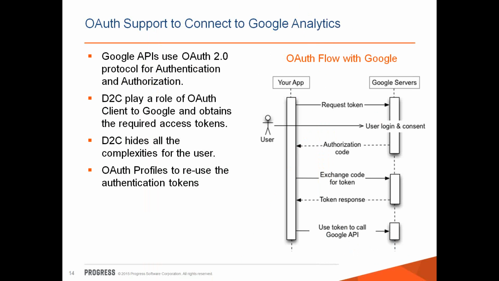Once you provide your consent, it will return an authorization code, and your application needs to send the authorization code back to Google in order to get a token back. Google returns a token, and you can use that token from now onwards to call any of the Google APIs.